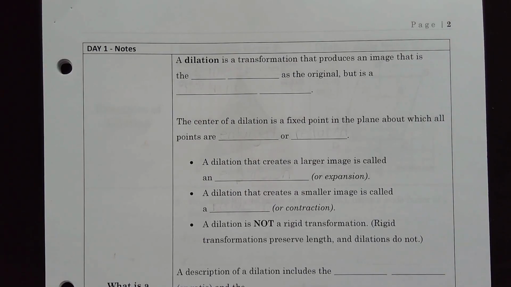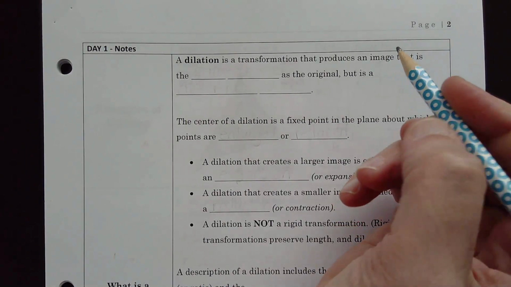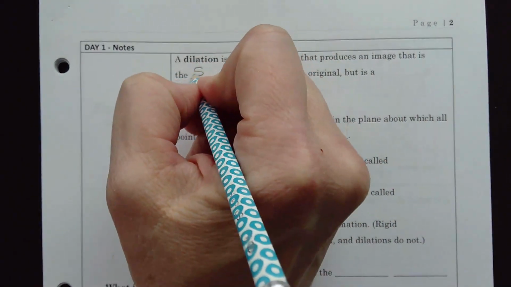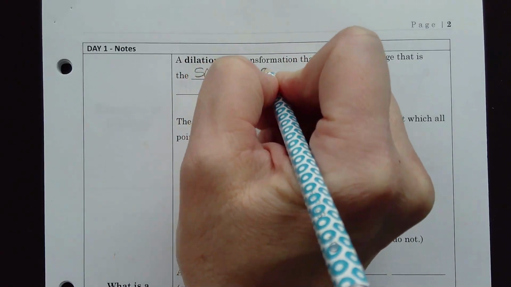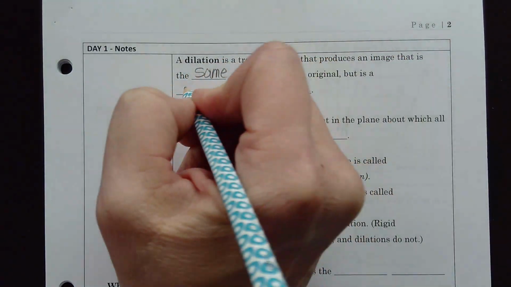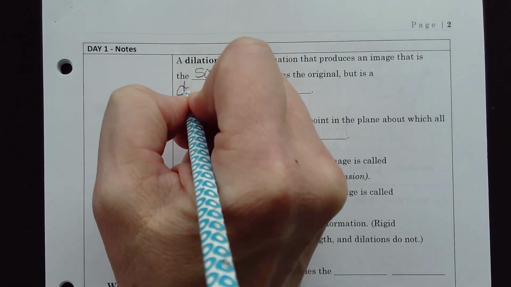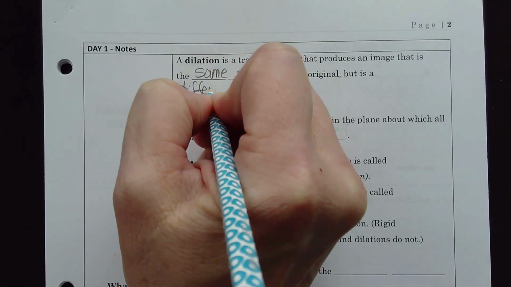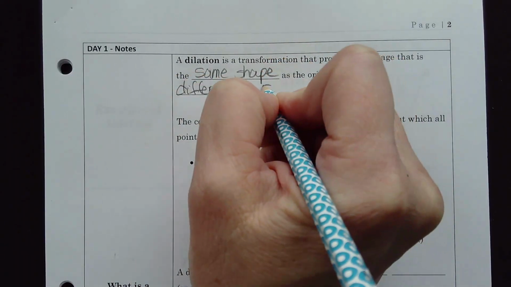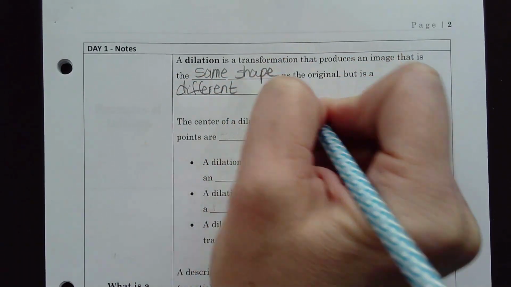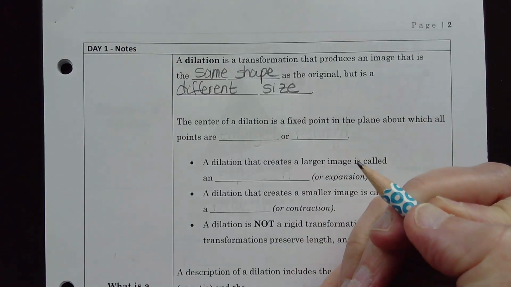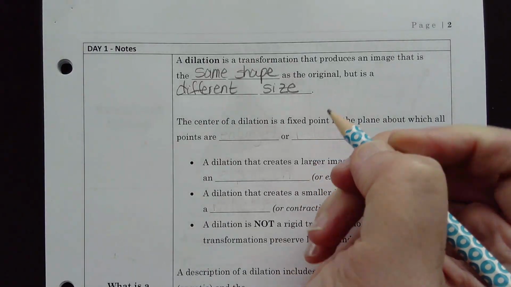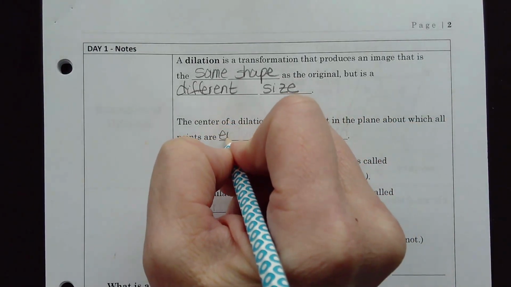So a dilation is a transformation that produces an image that is the same shape as the original but is a different size. The center of a dilation is a fixed point in the plane about which all the points are enlarged or reduced.